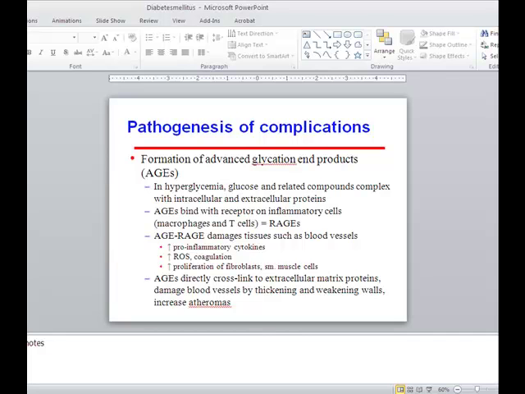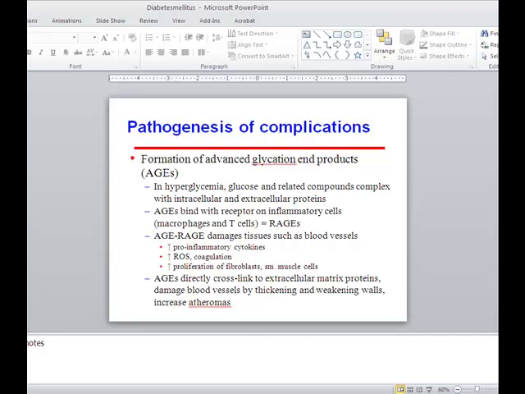Okay, some of the complications we would see in the later slides, but the pathogenesis, the causes for those complications: glucose and other compounds related to glucose could form compounds with proteins in the cells, including blood vessels, both intracellular and extracellular proteins in different cells. These could be like the endothelial cells in the renal tubules.